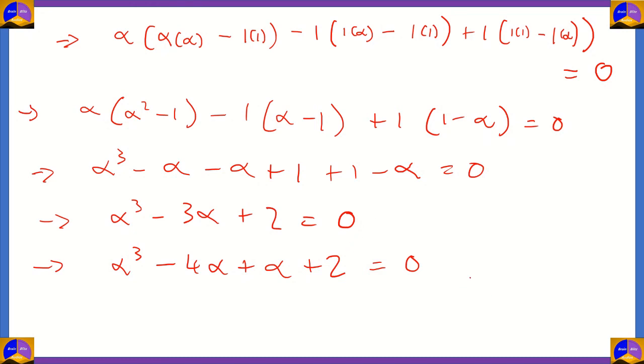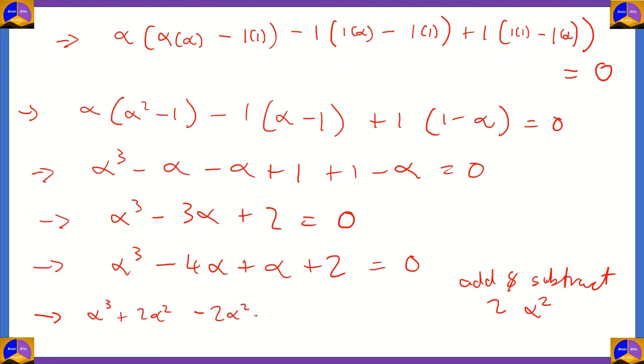Then what we do is we add and subtract 2 alpha square. The reason why we're doing all of these steps is to simplify this. So you have alpha cube plus 2 alpha squared minus 2 alpha squared minus 4 alpha plus 2.